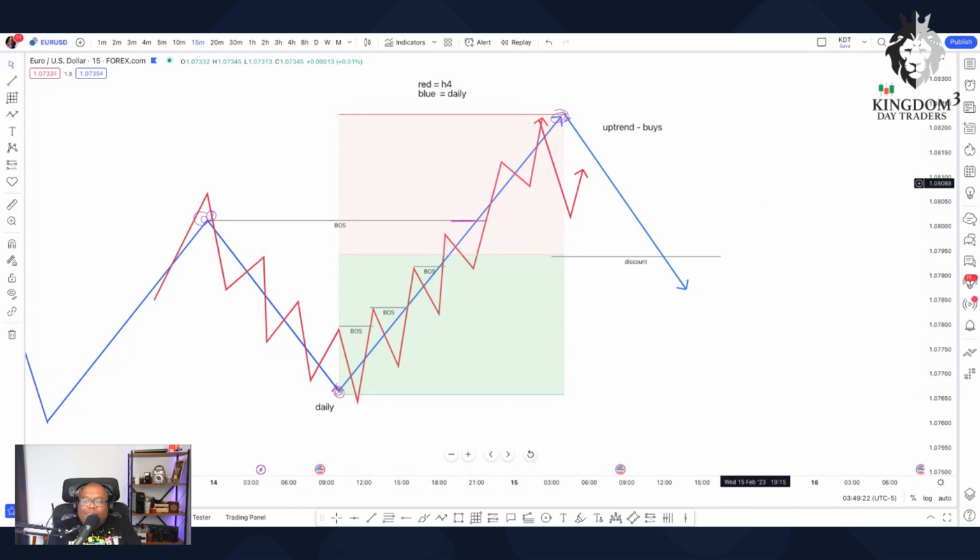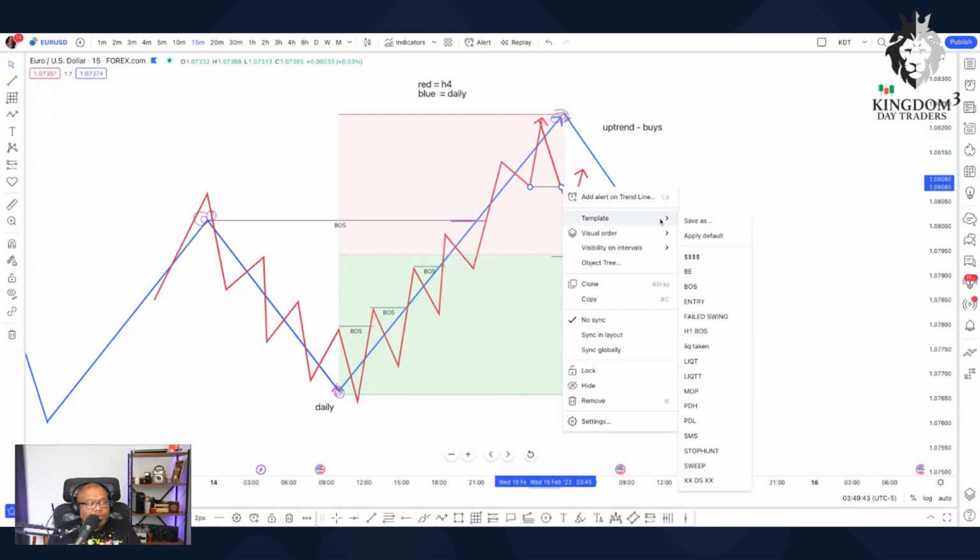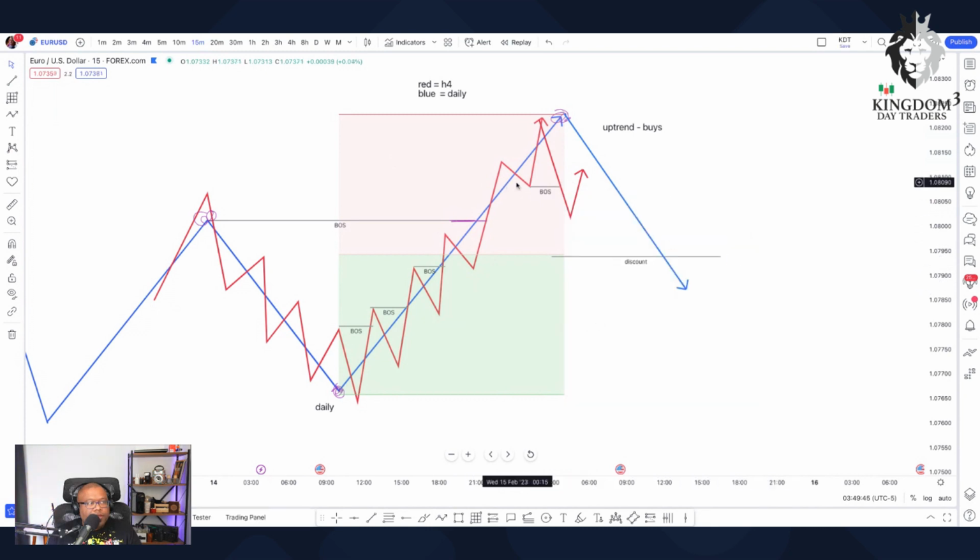Now, how does price actually get there? Well, it gets there by producing a downtrend on a lower time frame. So this is why when someone tells you if the daily is in an uptrend, you should be buying, that's not true. Because let's look at this now. For instance, price is now broken over here, right? That's the 4-hour.